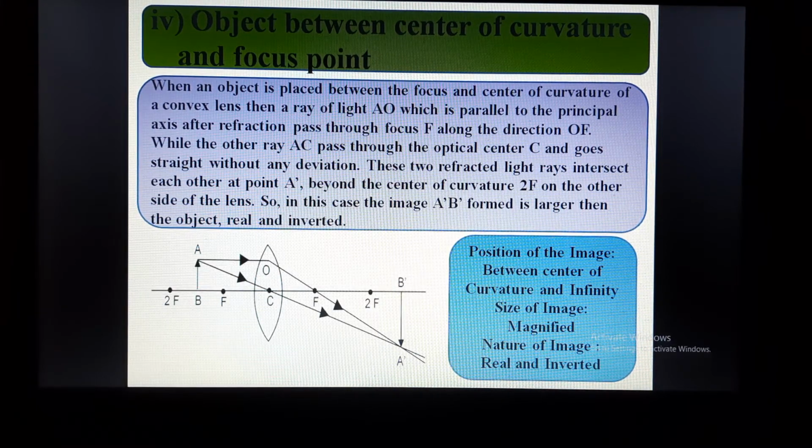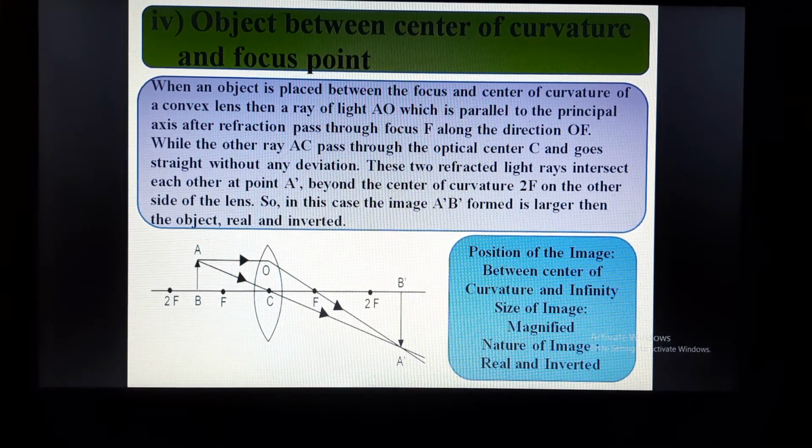Size of the image is magnified, and nature of the image is real and inverted. In our previous class we discussed what is called real and what is called inverted.